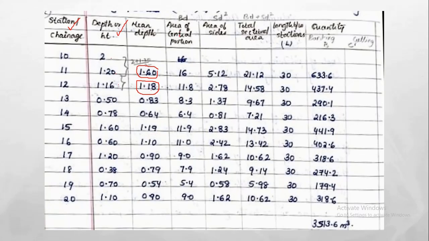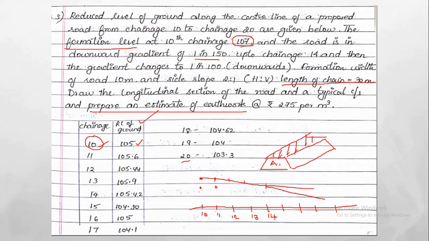So what is the area of the central portion? I hope you remember the area formula: BD plus SD square. The central portion is BD. The D value is obtained from here, and the value of B is 10, given in the question: the width of the road, the formation width, is 10 meter.